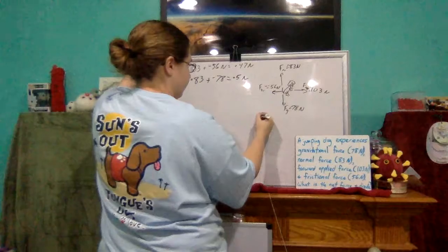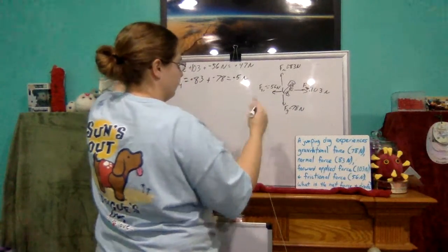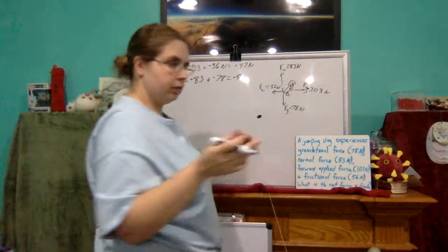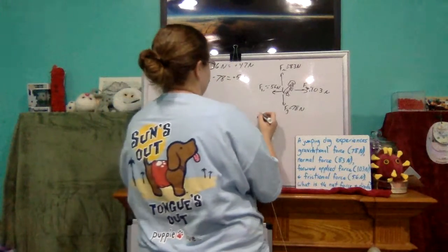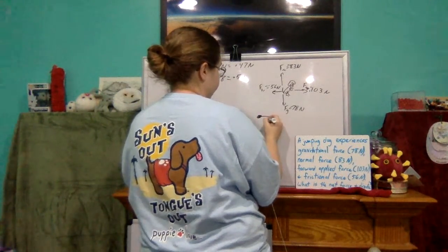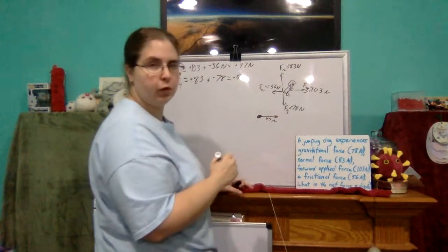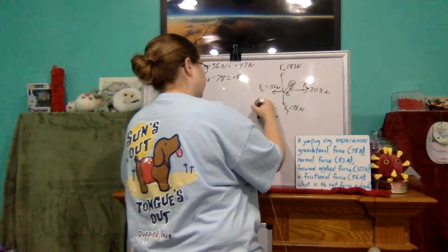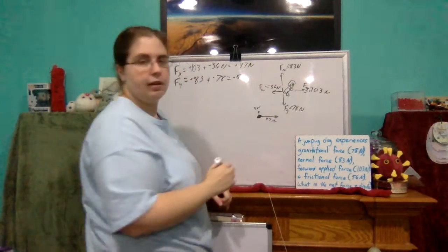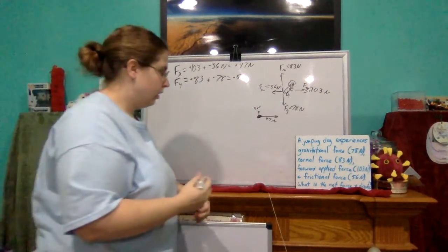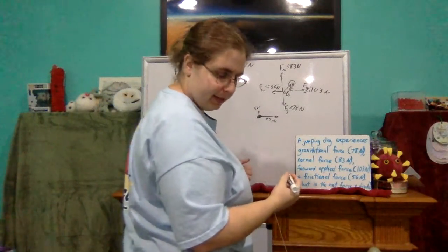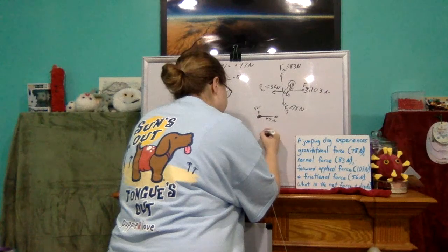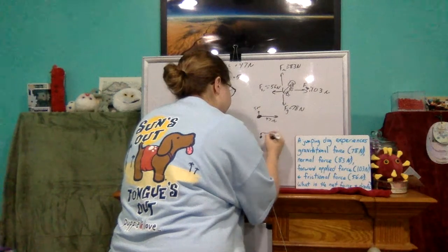So that means we have taken all four of these and condensed it down into two. We have 47 newtons forward and 5 newtons up. We can take this and connect them instead. So 5, 47.